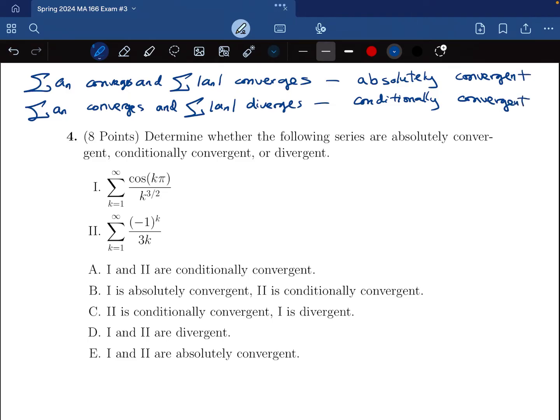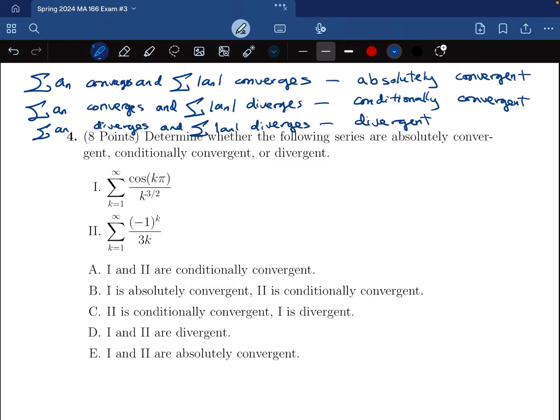And I shouldn't have to write it out, but if both series diverge, that is just divergent. So we need to determine not only whether the alternating series converges, we also have to take the absolute value and determine if that new series converges as well.